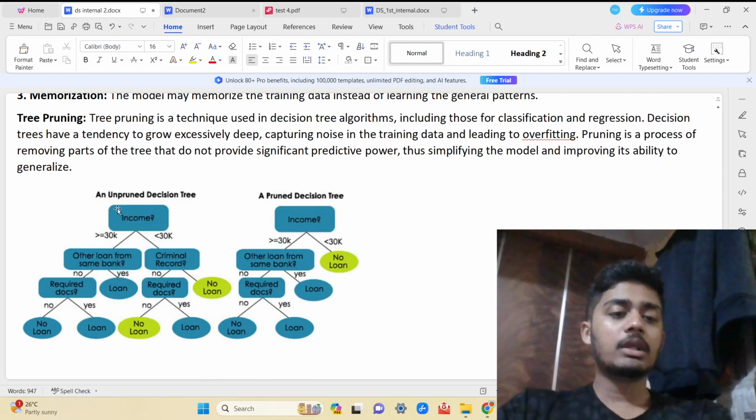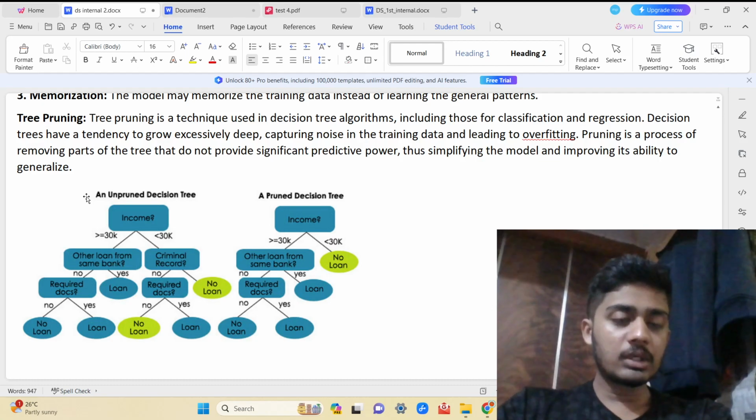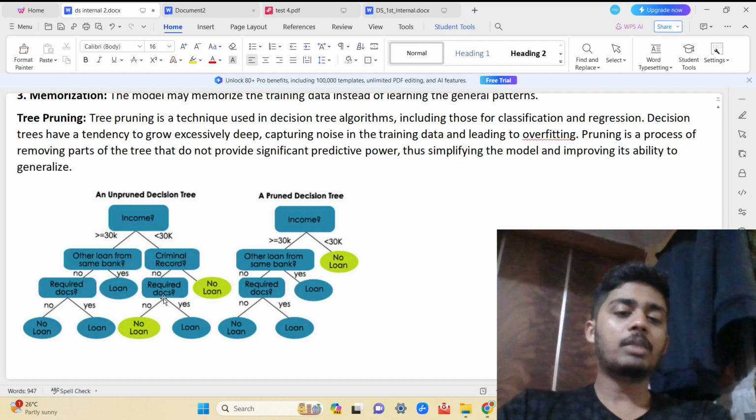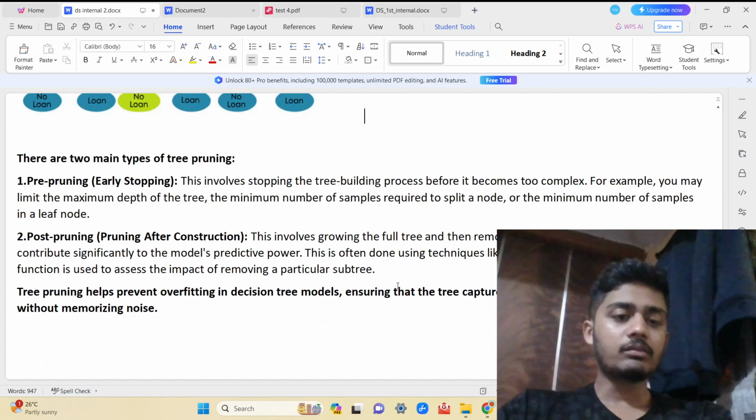For example, here we can see a decision tree which is unpruned. Here some extra nodes which are not required are also given, which makes it complex. But after pruning, it looks like this, which is shorter and much easier to understand. There are two main types of pruning: pre-pruning and post-pruning.